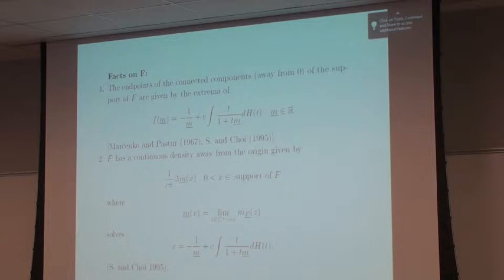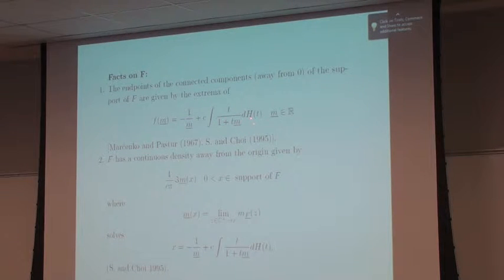So the idea is that if you plot this function, when minus 1 over m underline is outside the support of H, this will be well defined. Plot this function wherever this is well defined. You don't want to make this blow up.